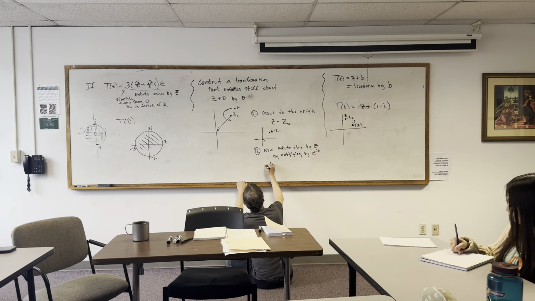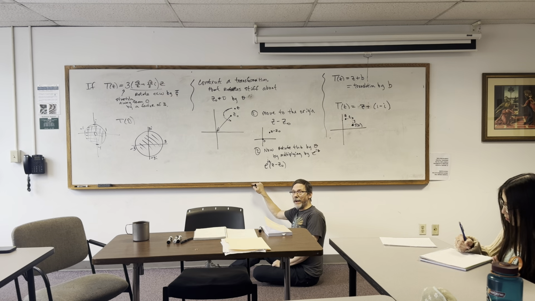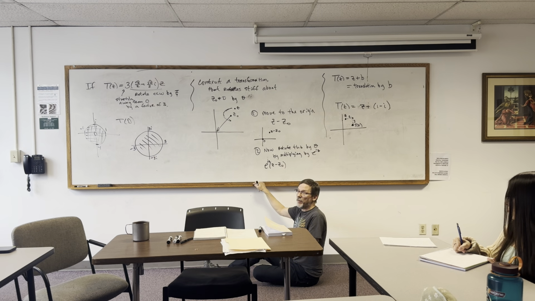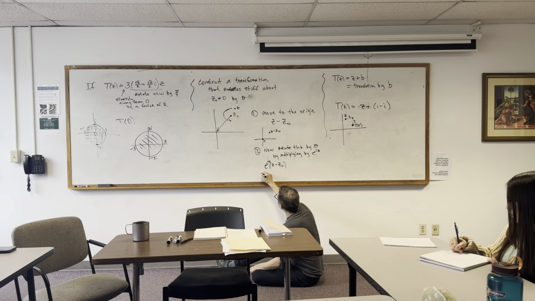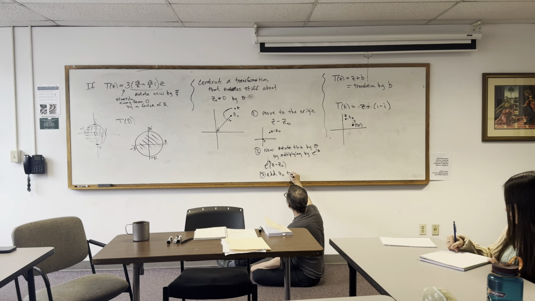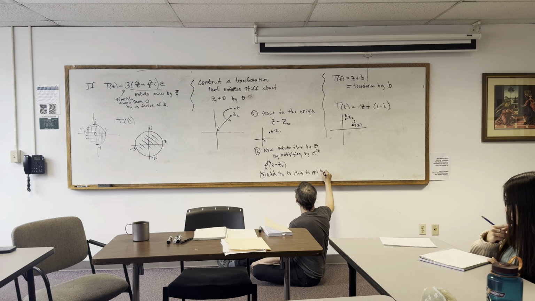So at this step, I've got e to the i theta, Z minus Z naught. What do I want to do to get back to where I started? Add Z naught back on. So then we shift everything back. So step 3 is add Z naught to this to get back to the start, back to the original situation.